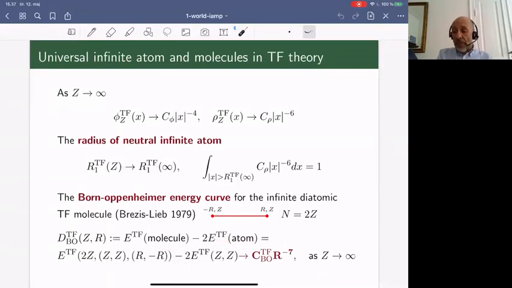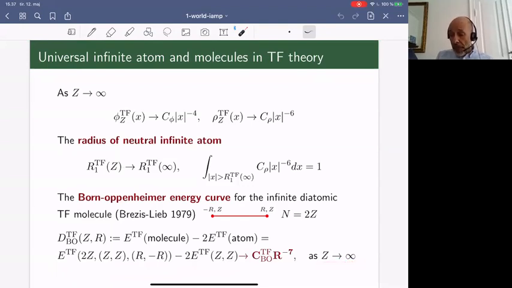Written out in my notation, it's the Thomas-Fermi energy of 2Z electrons with nuclear charges Z placed at R and minus R, minus 2 times the Thomas-Fermi energy of the atom with N equal to Z and nuclear charge Z. So that's the molecule minus 2 times the atom. Now I can ask what happens to this Born-Oppenheimer curve, as a function of R, as Z goes to infinity.